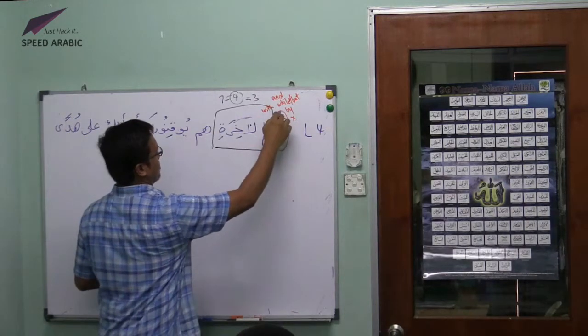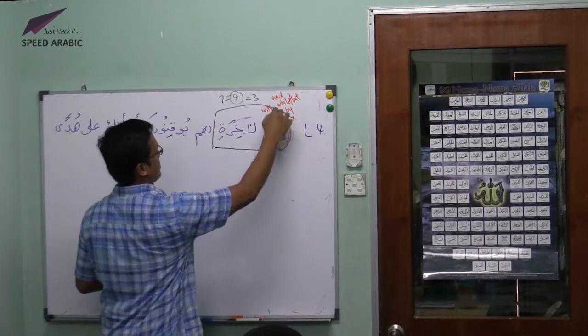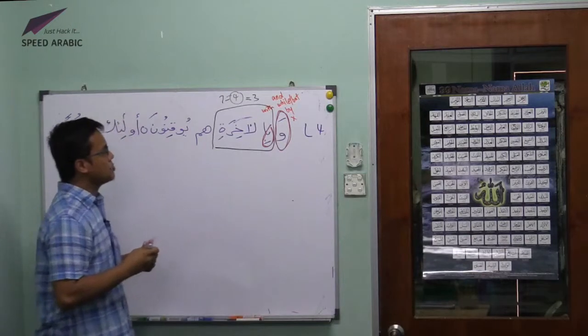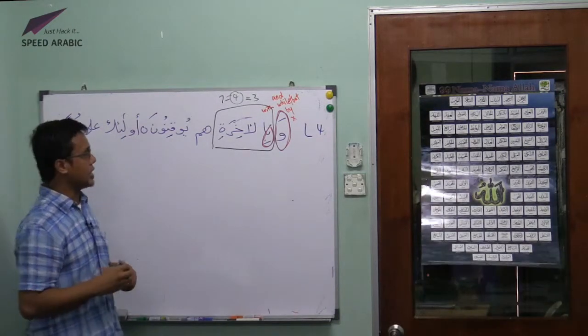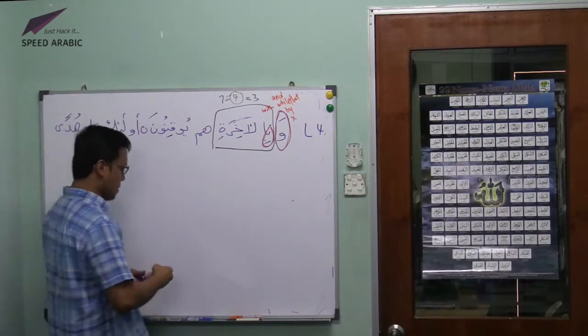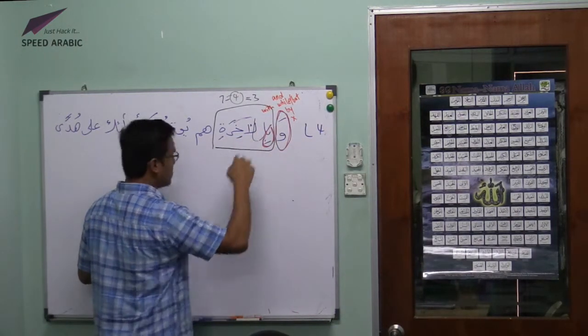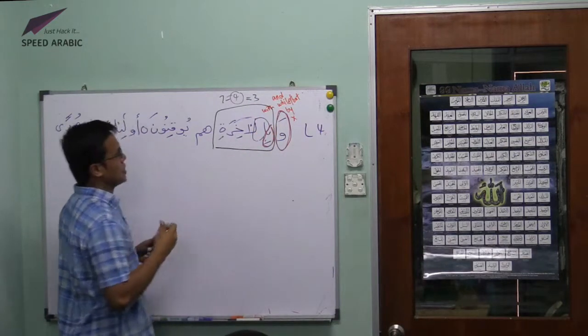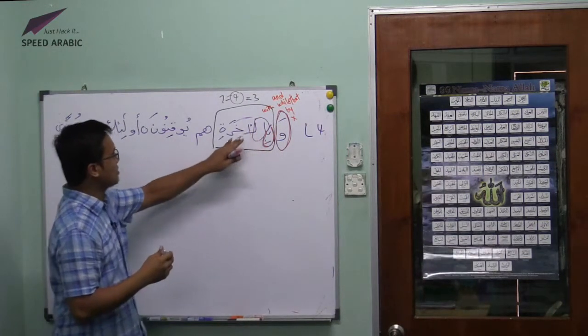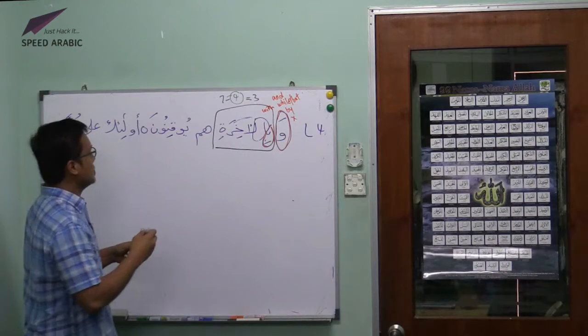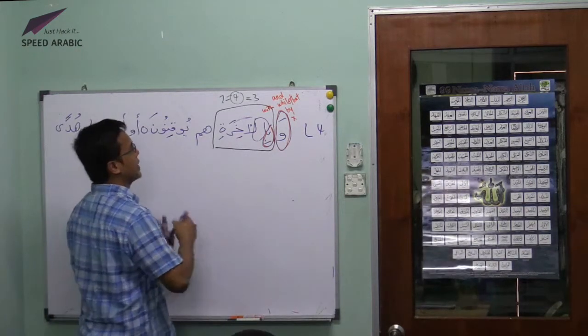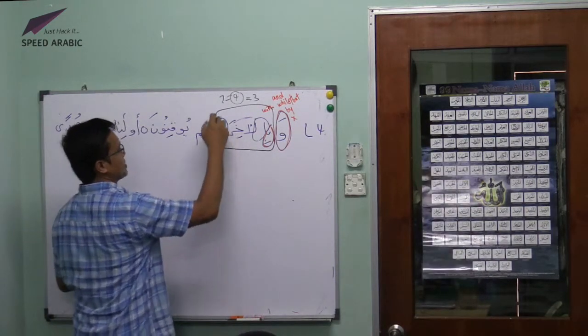Next, alif lam. Okay, today many purple. So you've got 1, 2, 3 affixes. One more, the ta at the back. The ta at the back is a blue one.